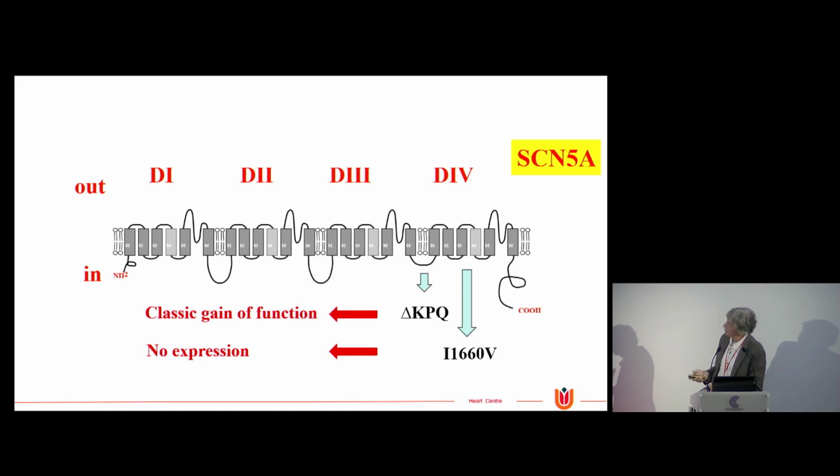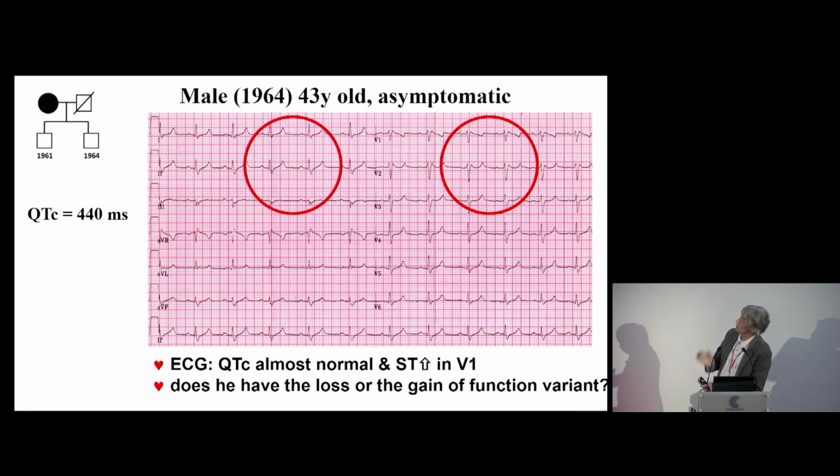And now the other brother. This is the brother born in 64. He's 40 years old at the time of this EKG. And this is his EKG. He has a normal QTc, but he doesn't have normal right precordial leads, particularly in the setting of this family.